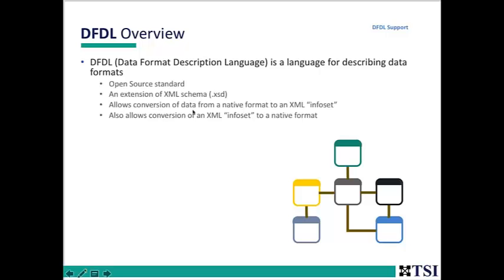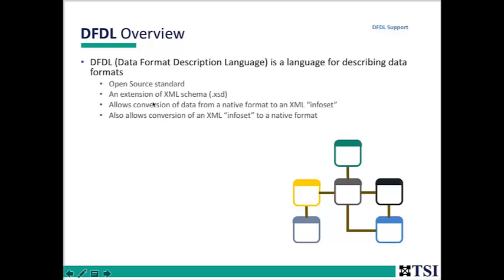First, the data goes from that native format to an XML document that's called an info set. That document has just the same data, only it's written out in XML with XML tags and so forth. Then that XML info set, which is sometimes called a logical instance, can be converted back to even a different native format.